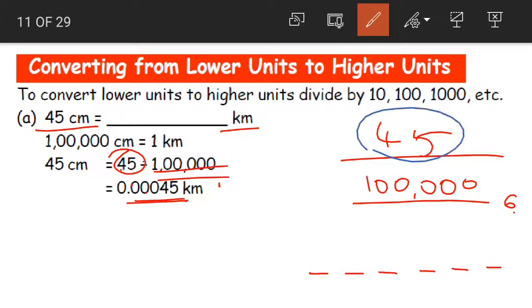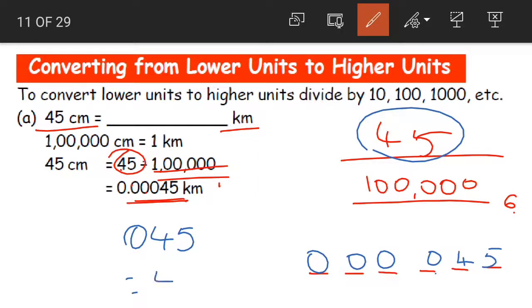These 2 digits 45 write at the last, and before 45 for the remaining empty spaces you write zeros. Why? Because when I place a 0 before 45, its value will be 45 only. But if I place the same 0 after 45, its value becomes 450. We don't want that. That is why we are placing zeros before the given numbers, not after the given digits.